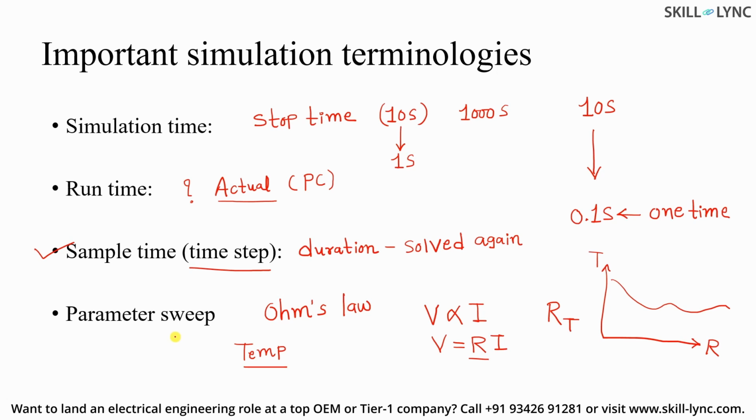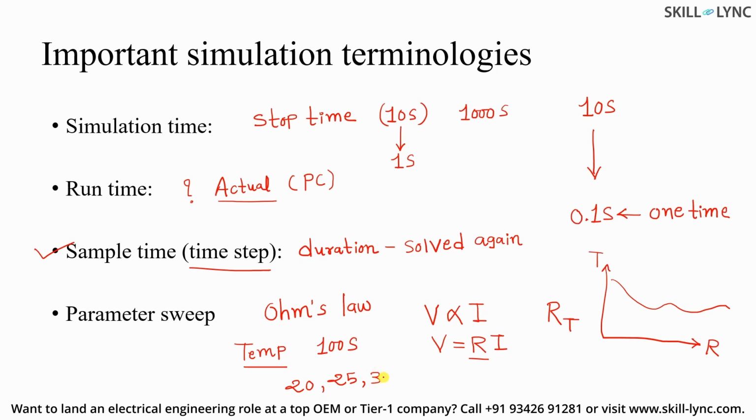That can be carried out by parameter sweep, where you run your simulation, let's say for 100 seconds, and in those 100 seconds your temperature is, let's say, 20 degrees centigrade for the first 20 seconds. Then your temperature is increased to 25 degrees centigrade for the next 20 seconds, and you keep on increasing your temperature every 20 seconds.